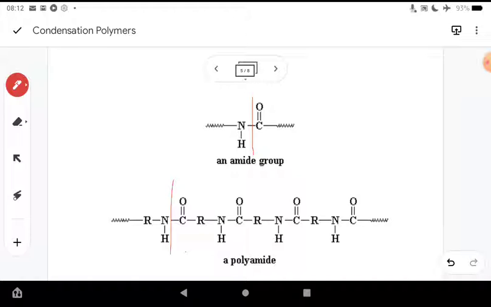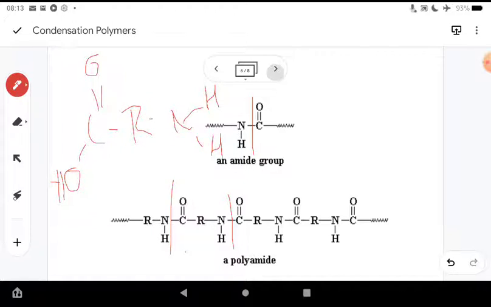So there's one, and there is another, which means that this here is my monomer. I will just draw that like so. There's my carboxylic acid, there's my R group, whatever that may be, and there's my amine.